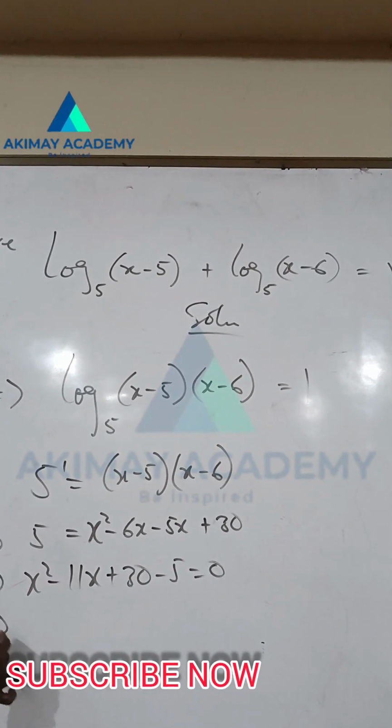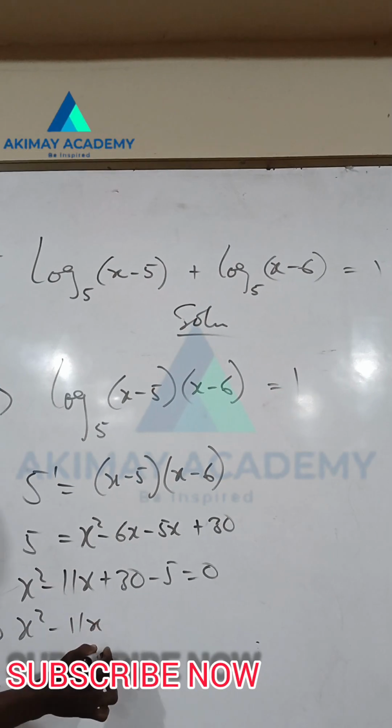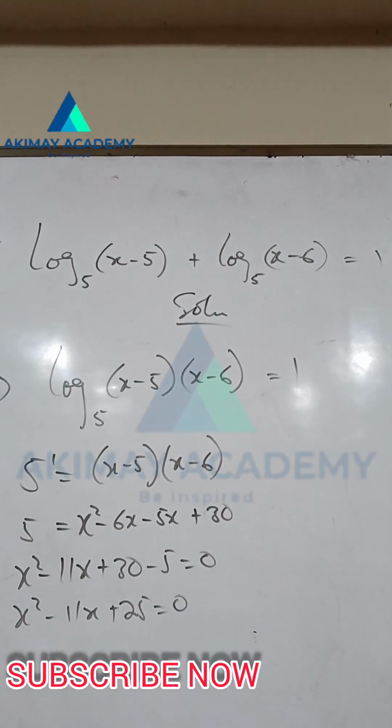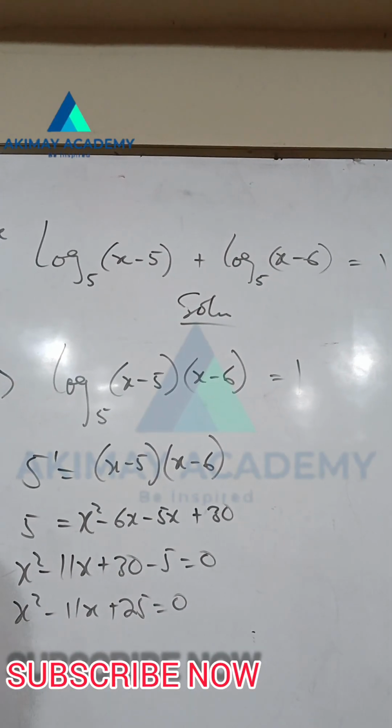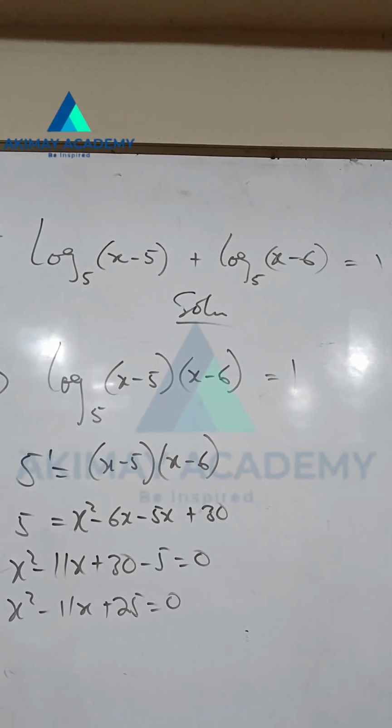So at the end of the day, x squared minus 11x plus 25 equals 0. Good. So we solve this one using a quadratic approach.